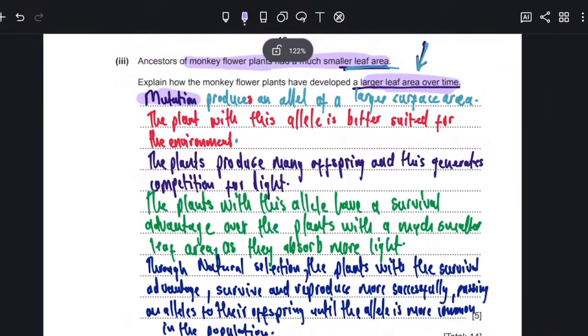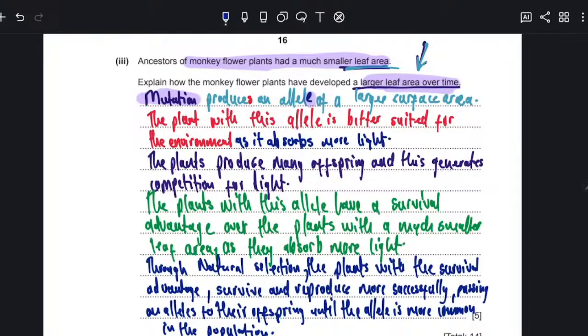So you talk about how mutation produced the allele of the large surface area. Now, because this one is more suited for the environment, you say that. You say, this is more suited for the environment as it photosynthesizes faster, okay? As it absorbs more light, so it can photosynthesize faster.